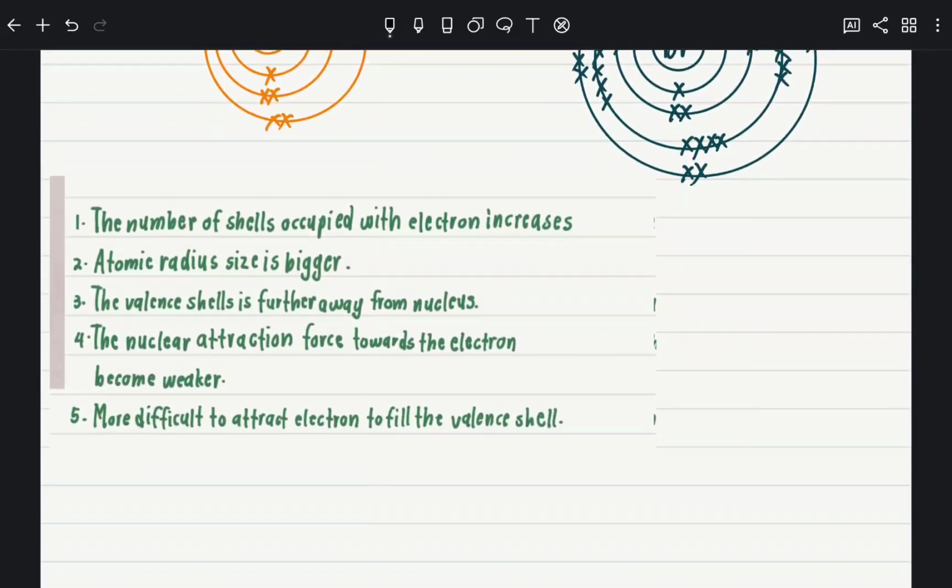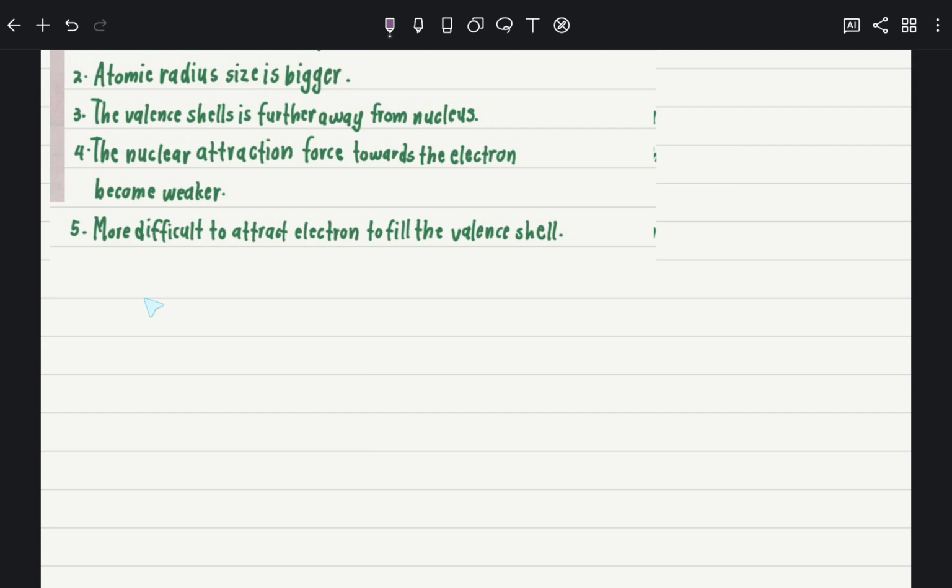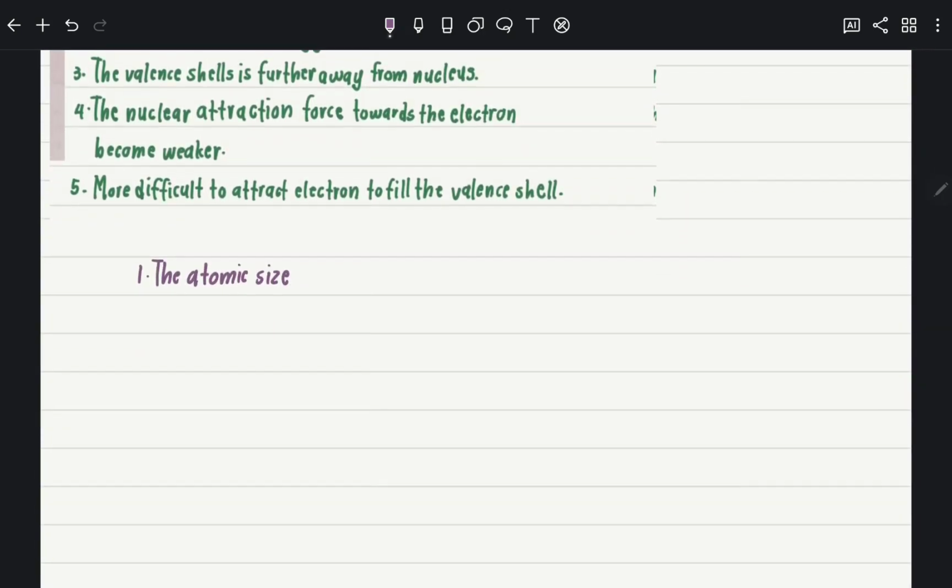So I will show you how they want you to answer in your exam. You must compare the atomic size, like what I said. You can say the bigger one or smaller one, up to you.